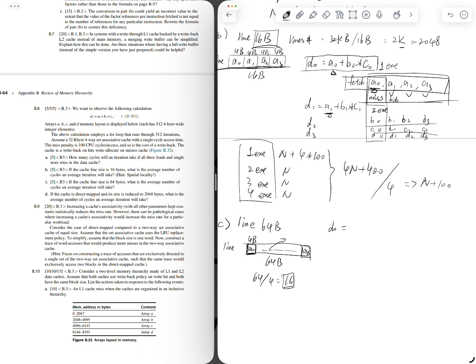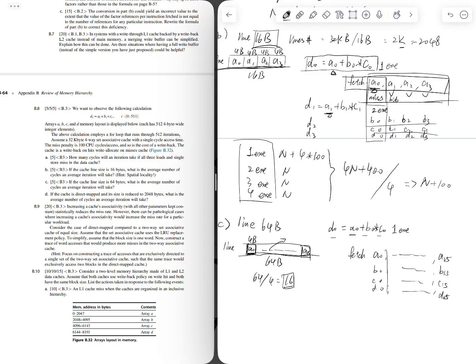If I do the first loop iteration, we miss A, B, C, D, but we fetch them. We fetch A0, and since the line is big enough, we also fetch up to A15, and likewise B, C, and D from index 0 up to B15, C15, D15.